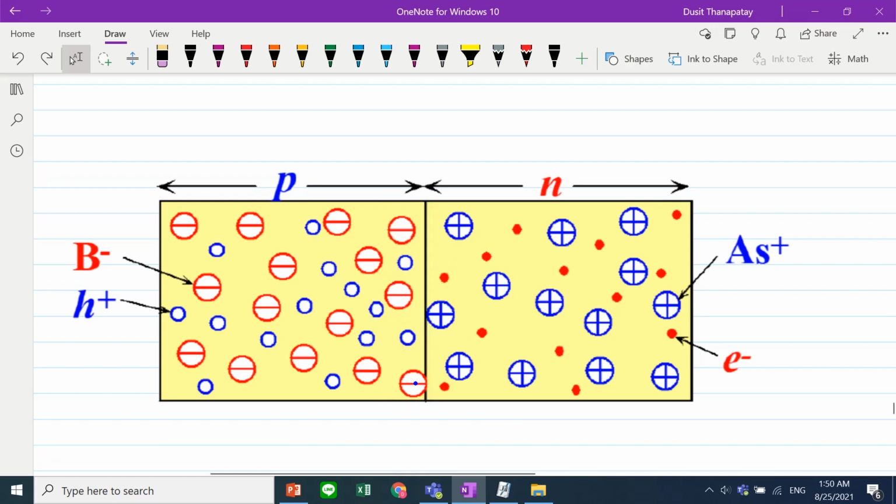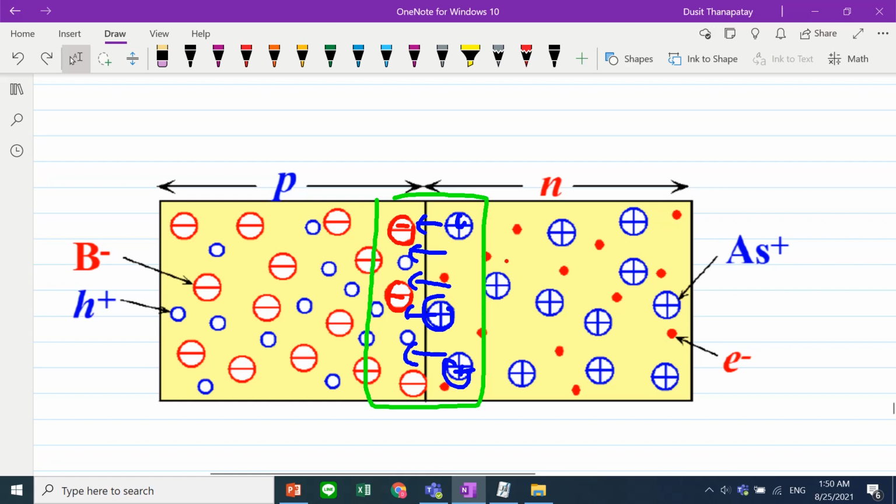So now we have positive ions at this side and negative ions at this side. That means this area has an electric field in this direction.